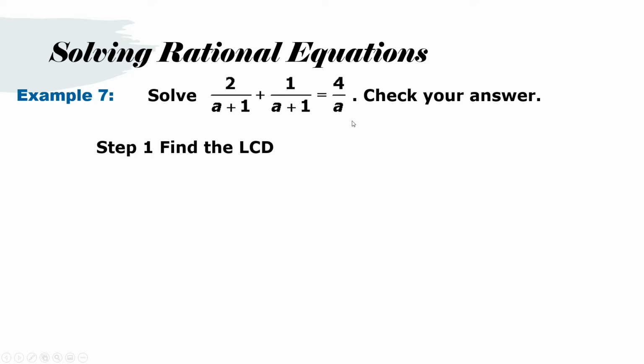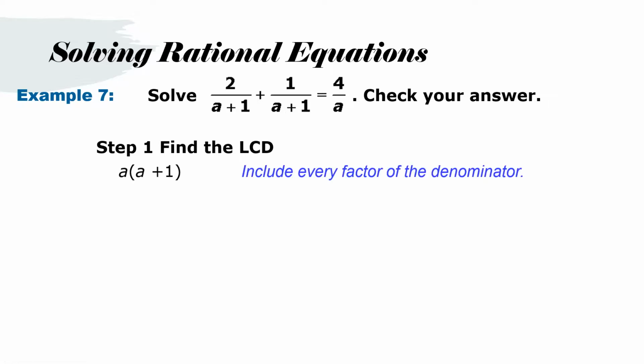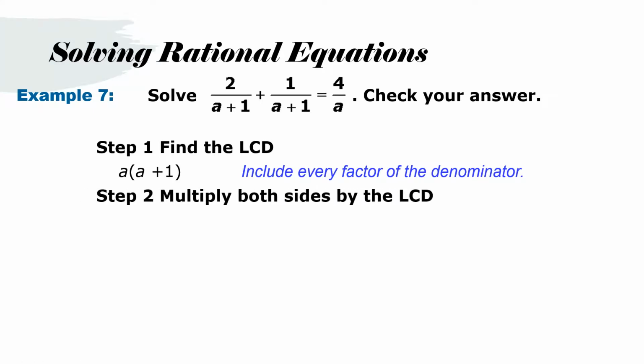So we have to get the LCD. We have a plus 1 and a. The factor of a plus 1 is a plus 1, and they are the same. So the LCD is a times a plus 1. Then we are going to multiply both sides by the LCD.